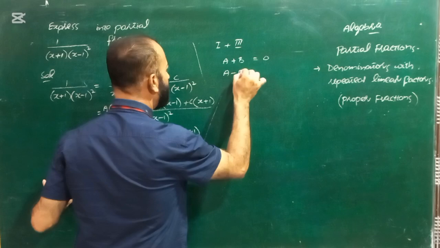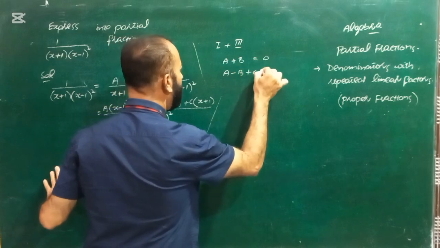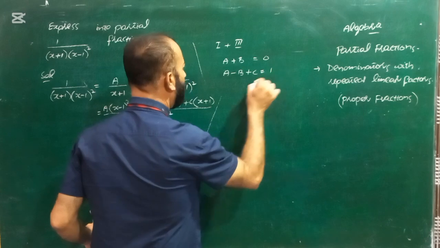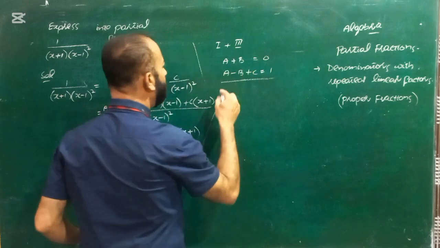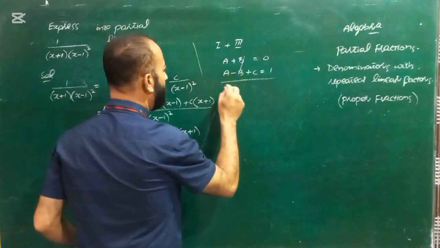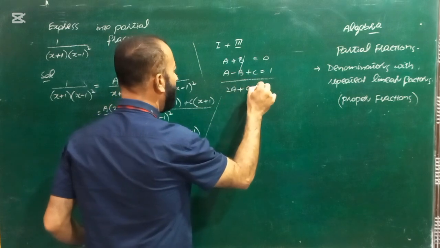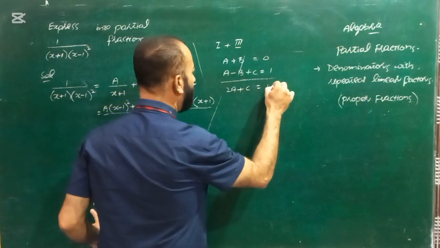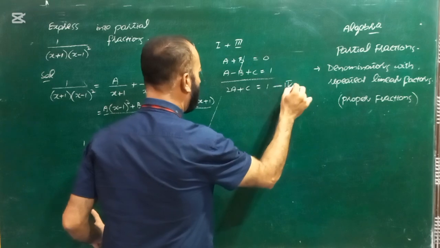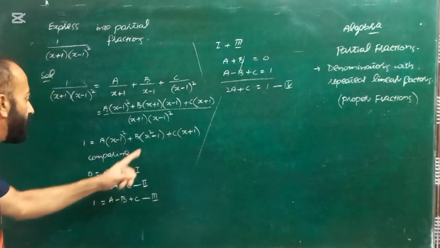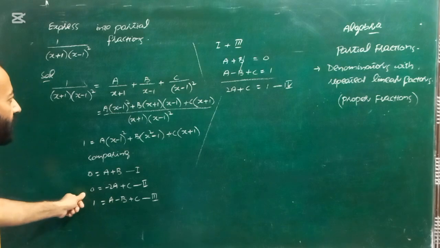A minus b plus c is equal to 1. So simply adding them, b will be cancelled. So 2a plus c is equal to 1. So call it equation number 4. So here is a and c in terms of the equation, and here is another.